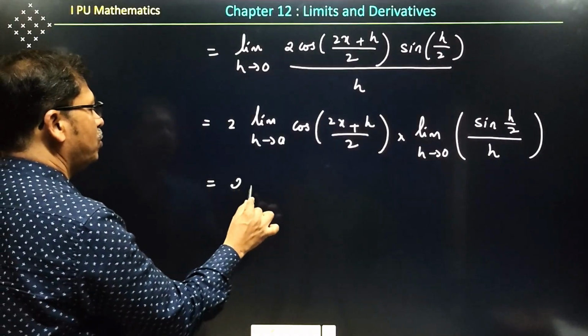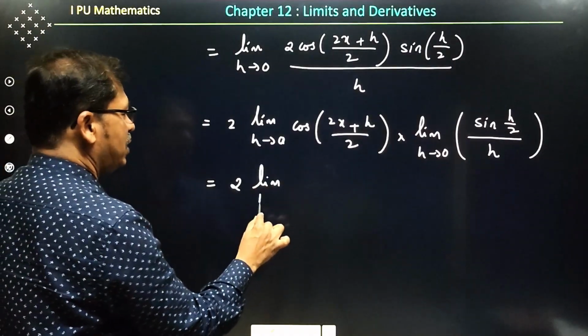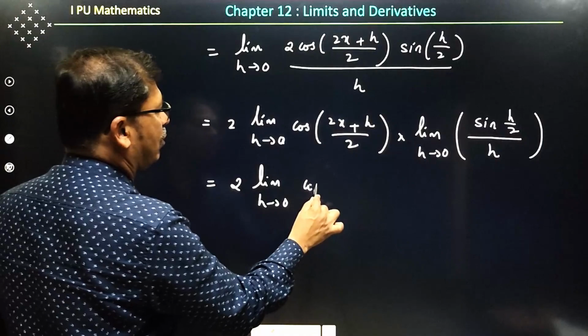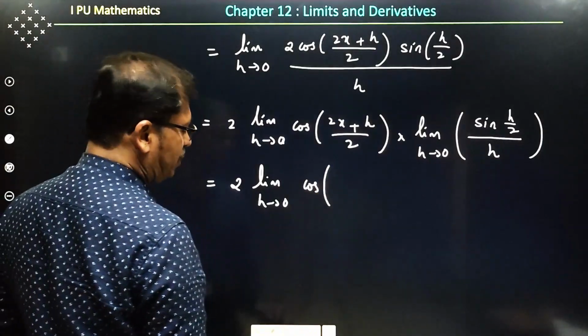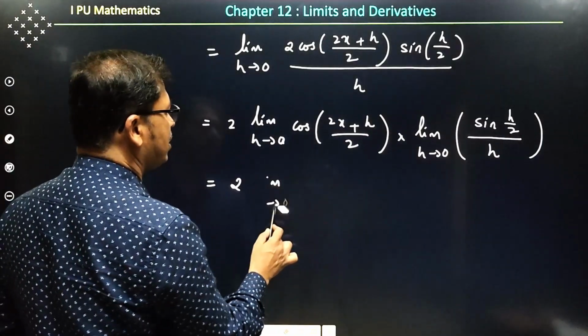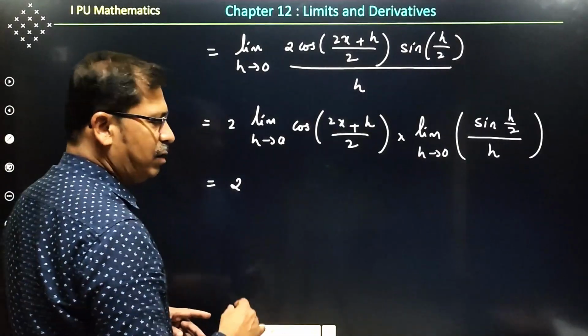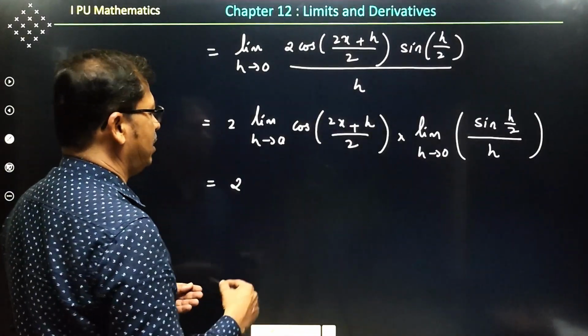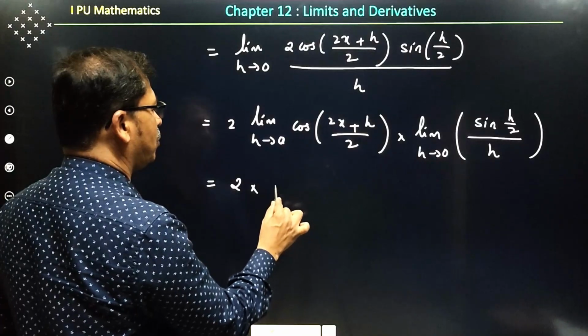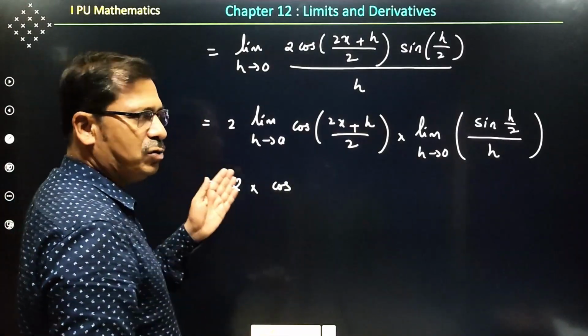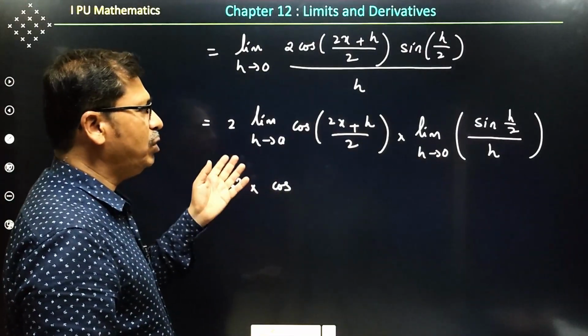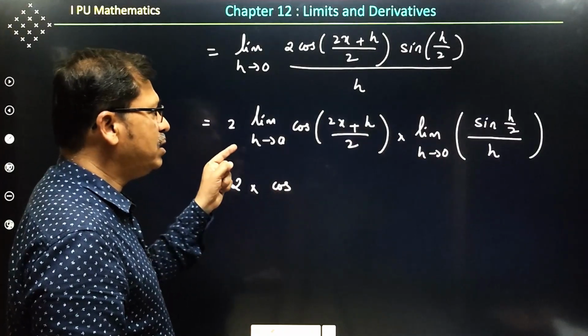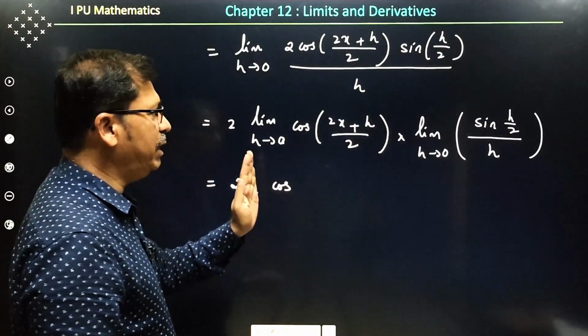So this is equal to 2 into limit h tends to 0 of cos of (2x plus h) by 2. You can directly evaluate at this stage; no need of any further calculation. I am substituting the value h tends to 0, so I am not writing the limit.